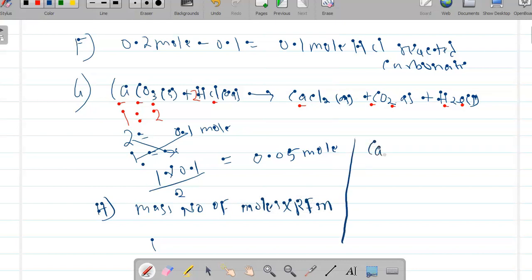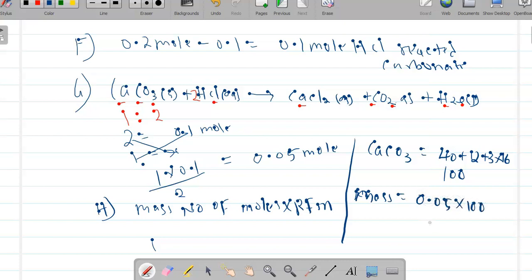RFM of calcium carbonate is equal to calcium 40 plus carbon 12 plus 3 times 16 oxygen. Total you'll get 100 when you add all of them. Therefore, mass is equal to the number of moles, 0.05, times 100. Then you get 5 gram. That is the mass of the carbonate used.